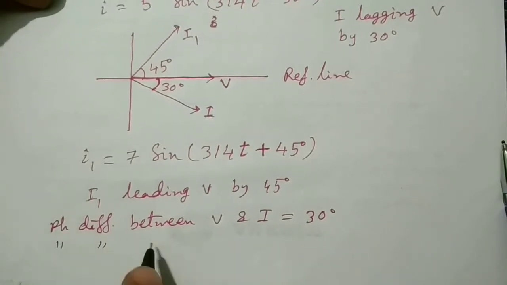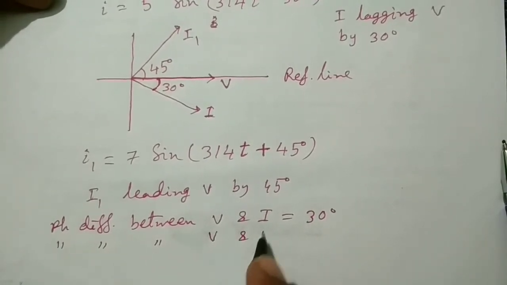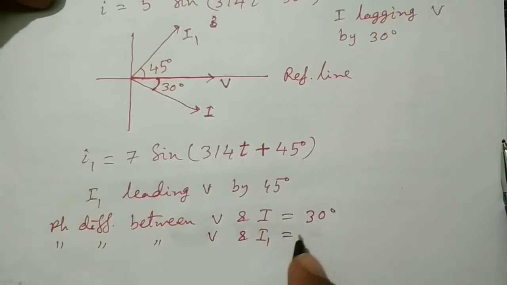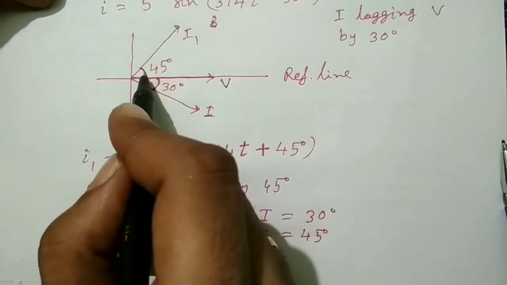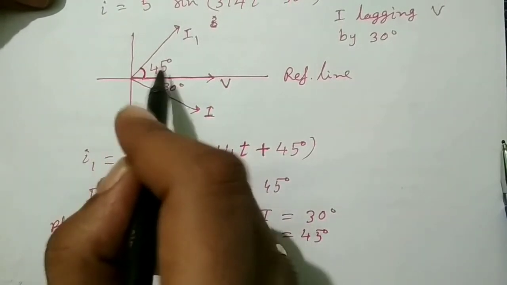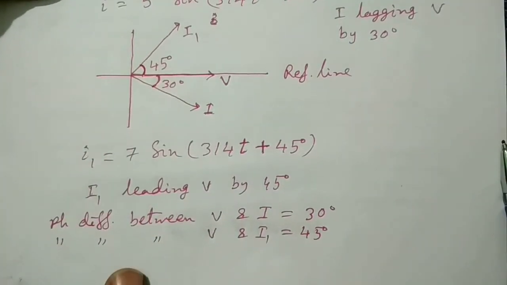The phase difference between V and I1 is 45 degree, because here it is V and here it is I1.